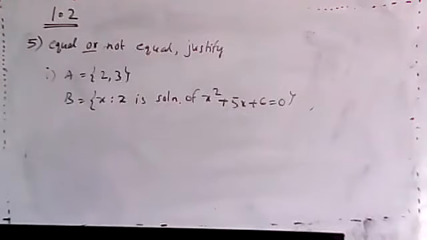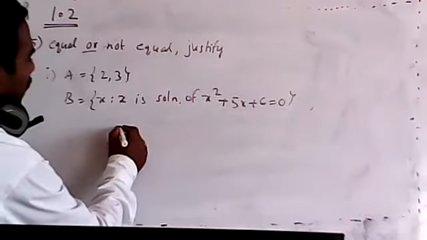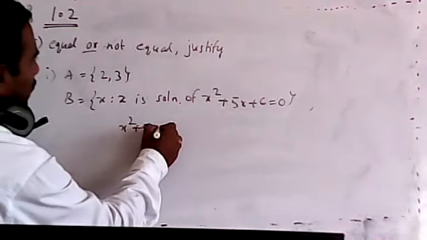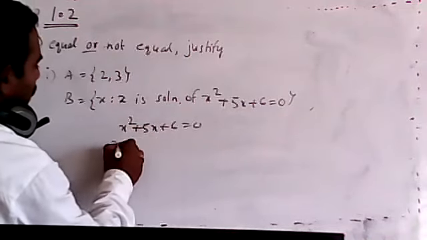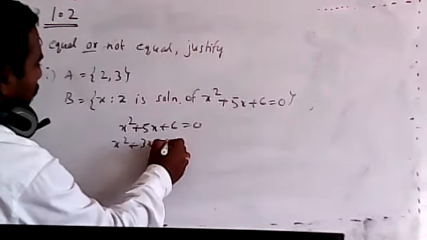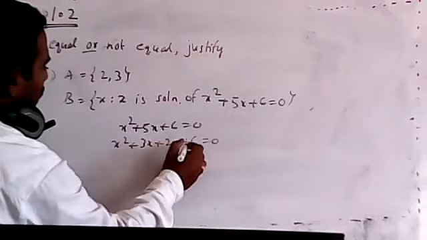Now you have to solve the equation, find the roots of the equation, whether they are the same, meaning equal, or not. If you solve the roots, then what do you get? Minus 2 and minus 3. If you solve x square plus 5x plus 6 is equal to 0, x square plus 3x plus 2x plus 6 is equal to 0.